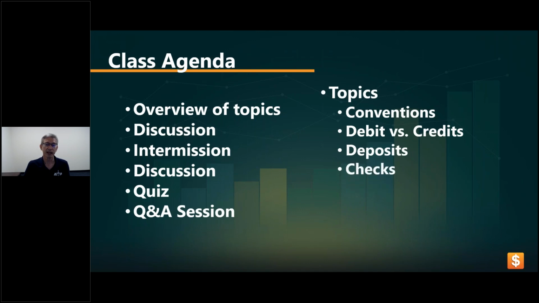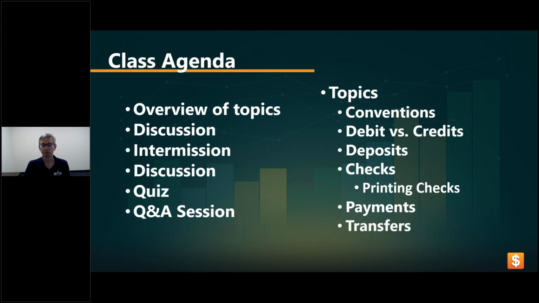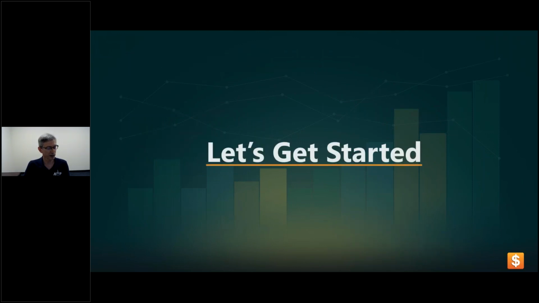We'll talk about creating checks, as well as printing those checks if you choose to print them through our system. Then we'll talk about the payment transactions. That would be online transactions, payments through that means, transfers, as well as journal entries. So that's our plan of attack this morning. Let's go ahead and get started.